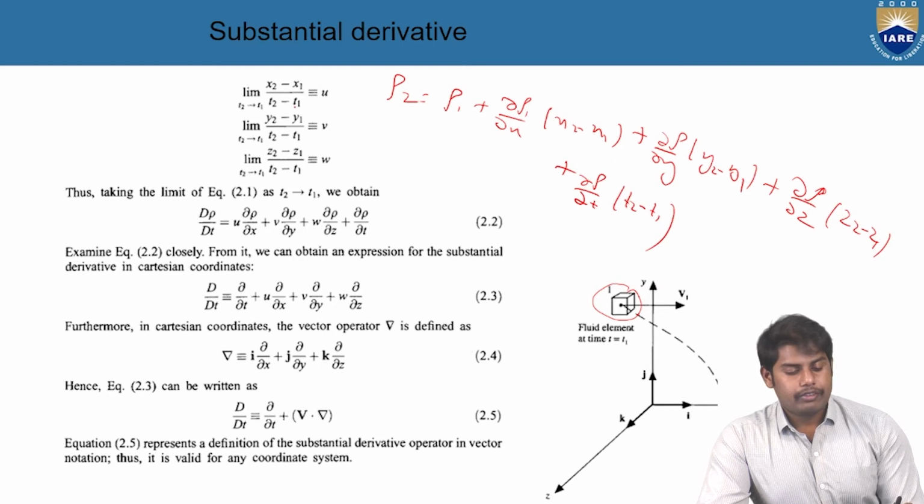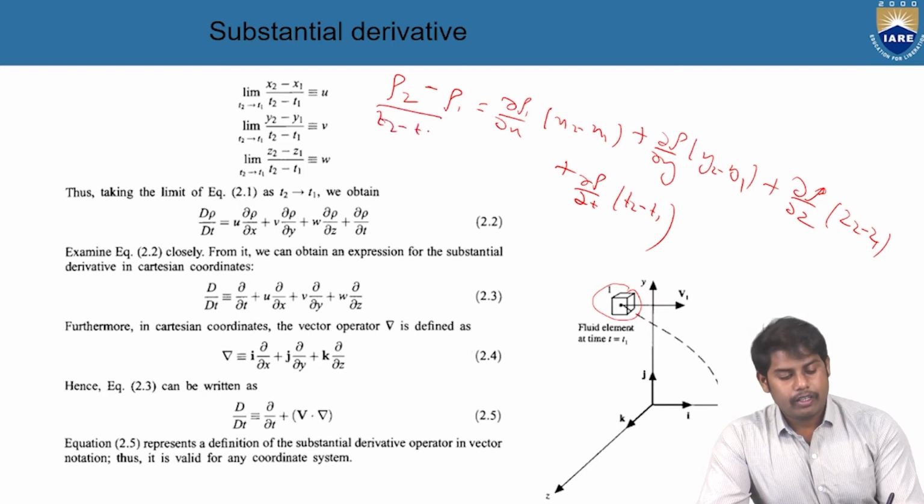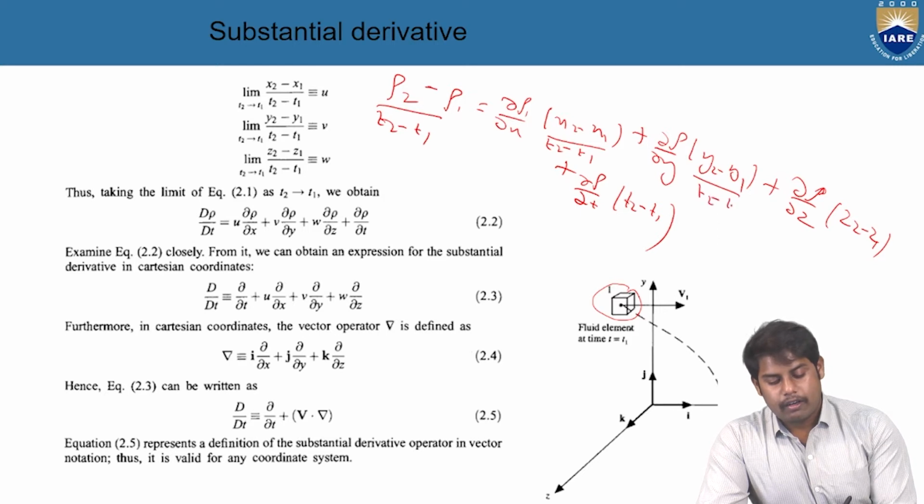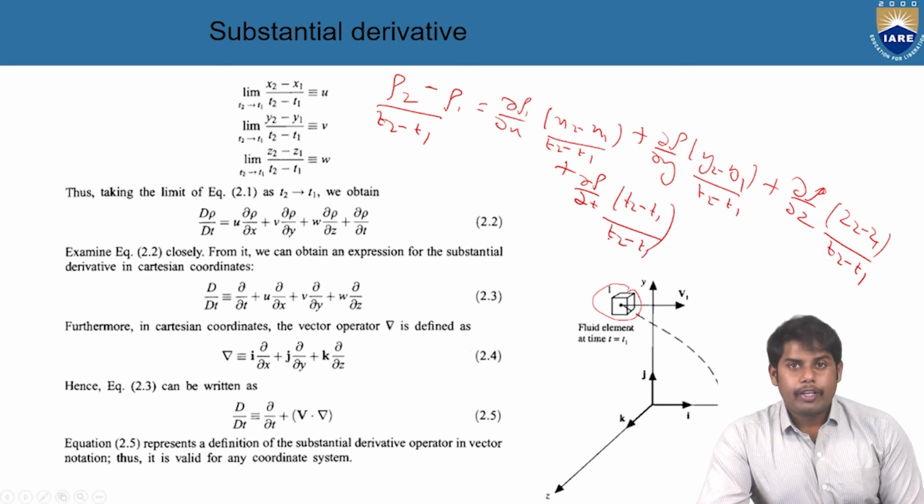So we take the left side, rho 1, to the left, so this becomes minus, and we divide every term by t2 minus t1.